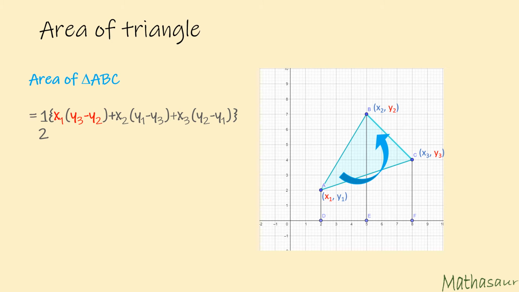So we get y3 minus y2. Let us move to the next point, point B. So x2 times, let us move in the anti-clockwise direction, we get y1 minus y3. Now let us look at point C. So x3 times, let us move in the anti-clockwise direction again. So we get y2 minus y1.